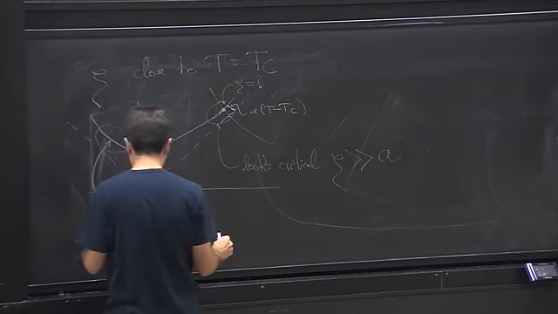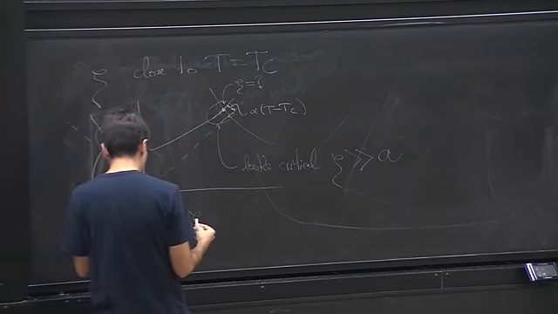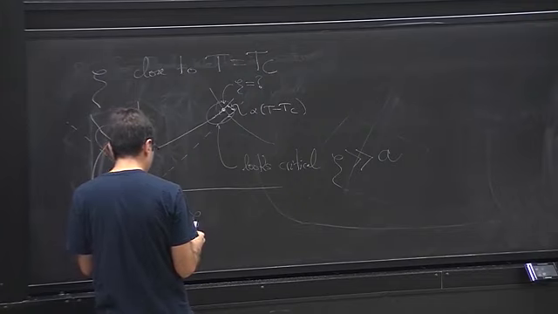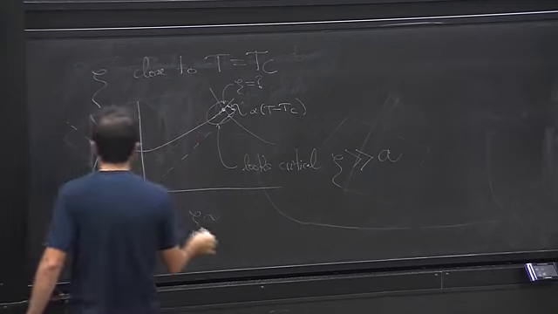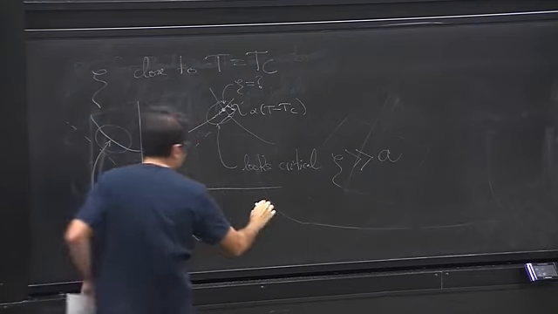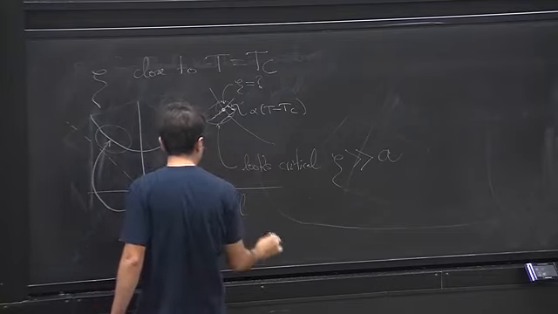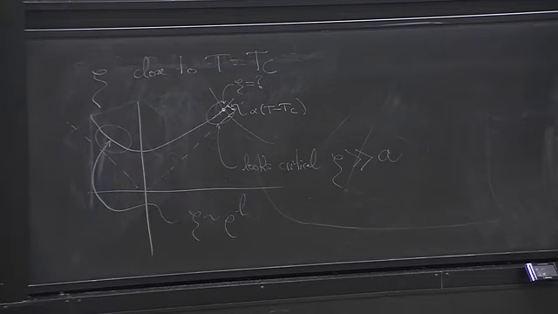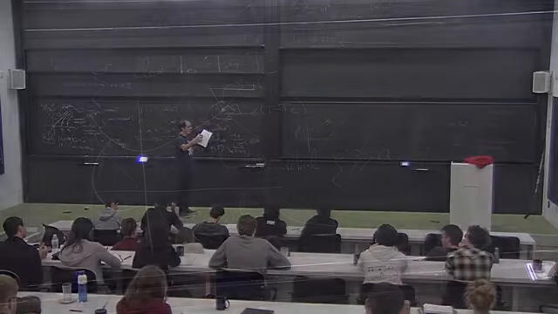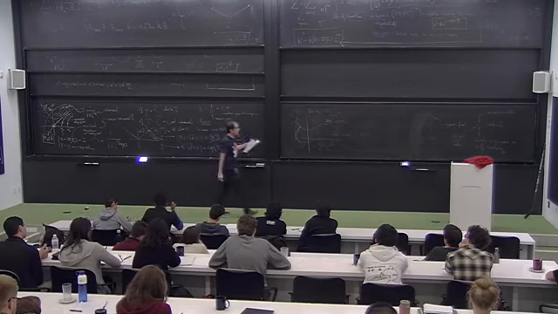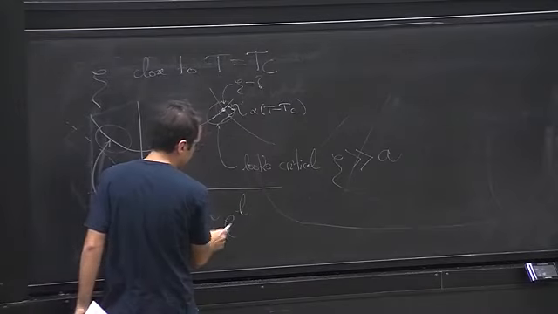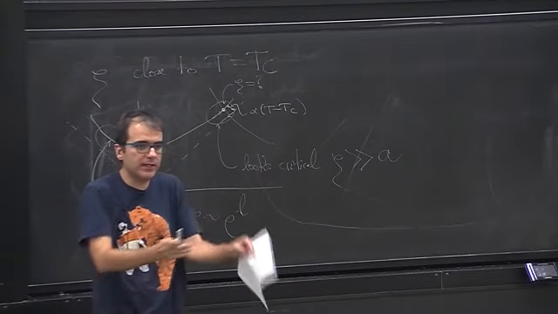Here xi is not critical at all, and xi would be of the order of the cutoff. So I would estimate xi at this point to be e to the power of how much I rescale, l. So I start with cutoff a, and when the rescaling is roughly as big as the critical length, right? So here, when I reach this point, for sure I'm not critical, because I rescaled so much.